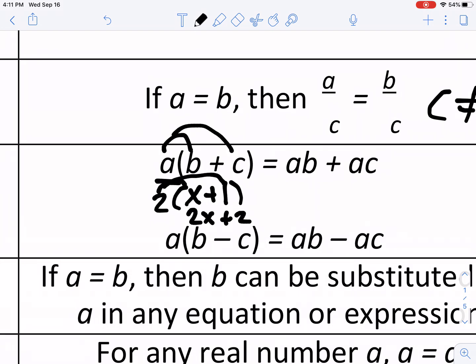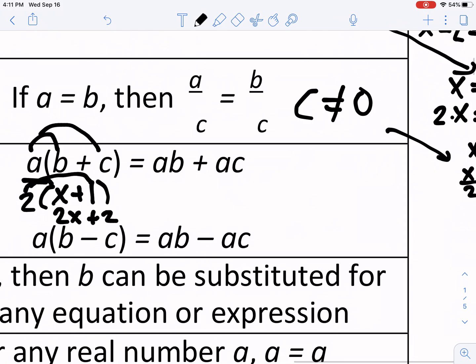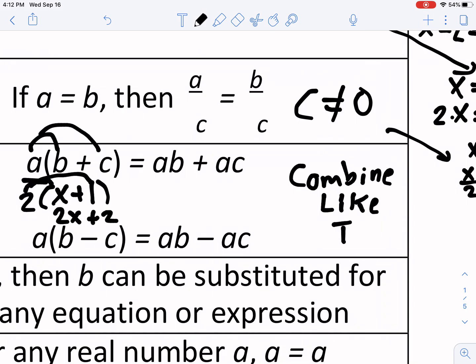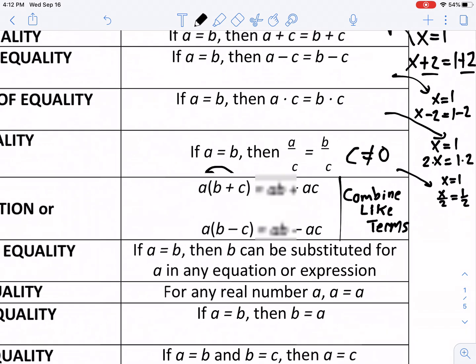So we might apply the distributive property at some point. And also, if we have to add or combine like terms, that's another thing that we might come across, even though it's not written on here. So if you want to make a side note, combine like terms is another step that we might use when we're going through these algebraic proofs.